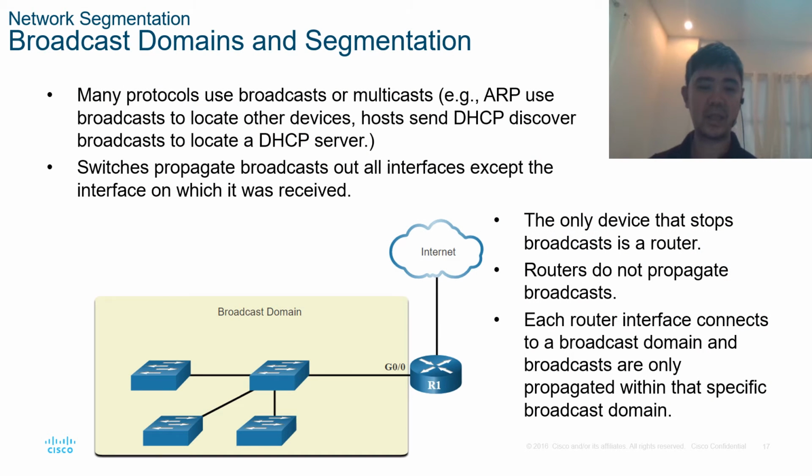Very important in a given local area network is managing the broadcast domain. When we say broadcast domain, these are the areas where broadcasts occur. For example, if you have 100 computers versus 1,000 computers, there's too much broadcast in 1,000 computers versus 100 computers, and that is a big problem.